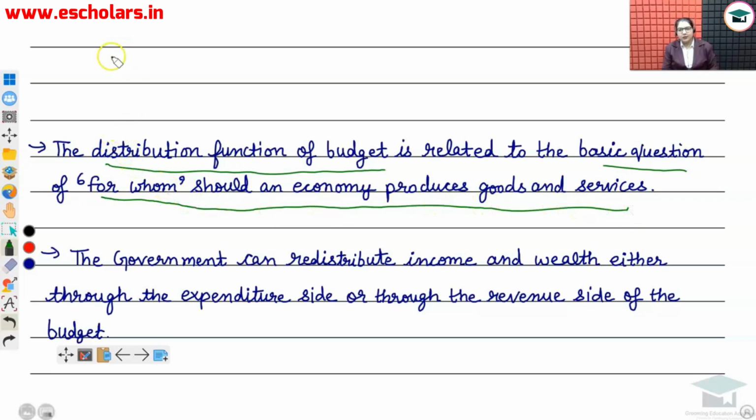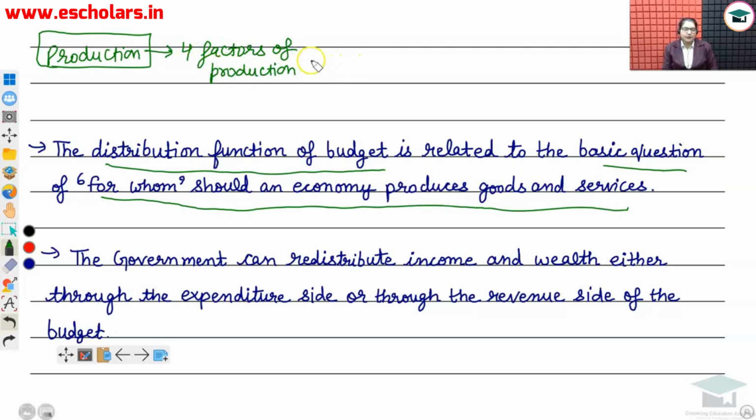See students, whenever the production is done in the economy, the producer takes the help of four main factors of production, which are land, labor, capital, and entrepreneur.